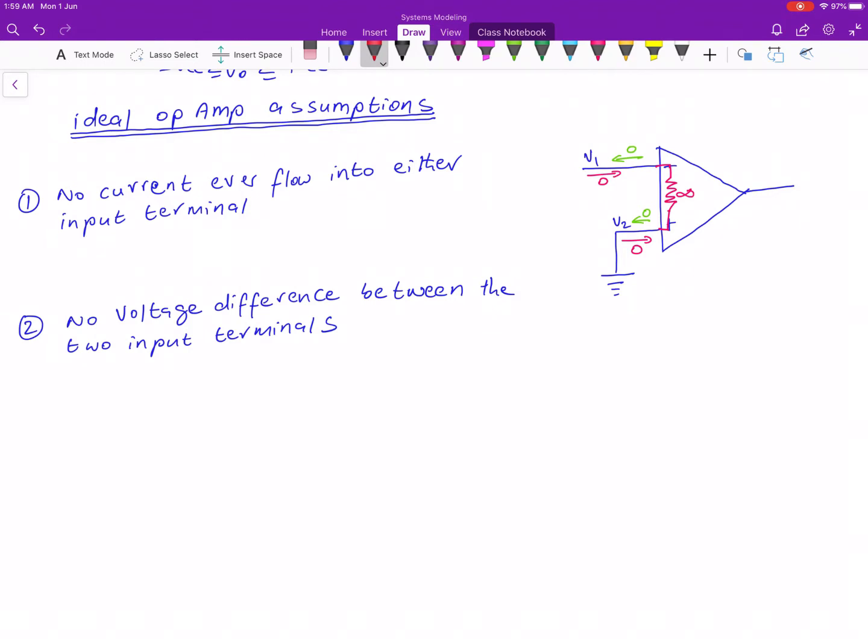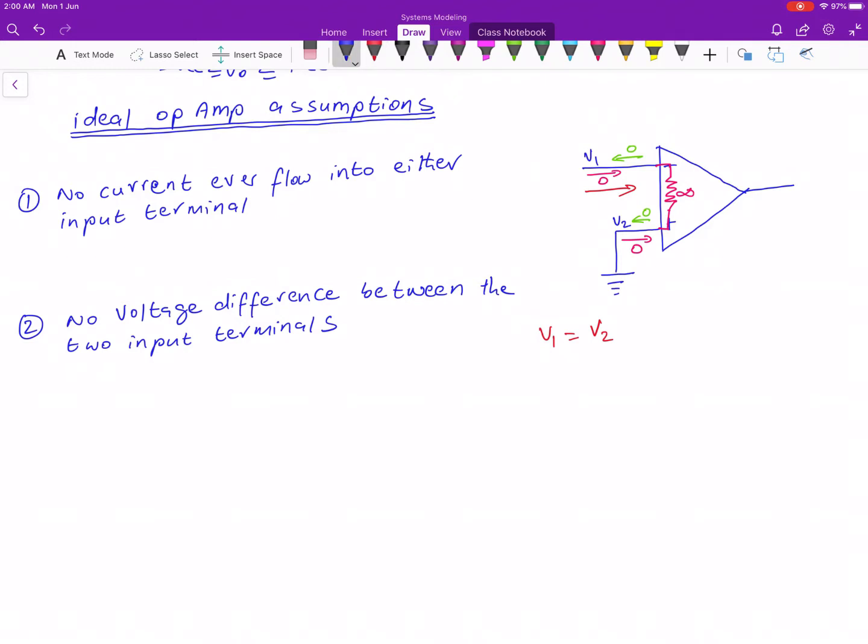This is like having an open circuit, as we said earlier, and this implies that the voltages V1 and V2 are the same. So if we look at this circuit and say there is no current flowing here, and hence no voltage drop, then the voltage at V1 is equal to the voltage at V2. So the two voltages, V1 and V2, are the same.